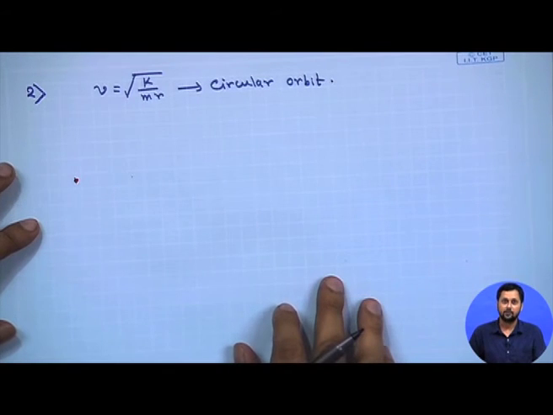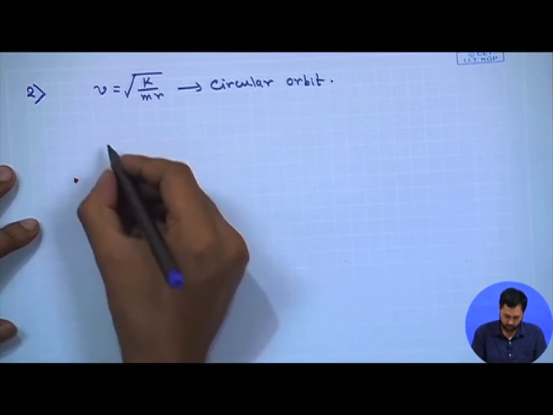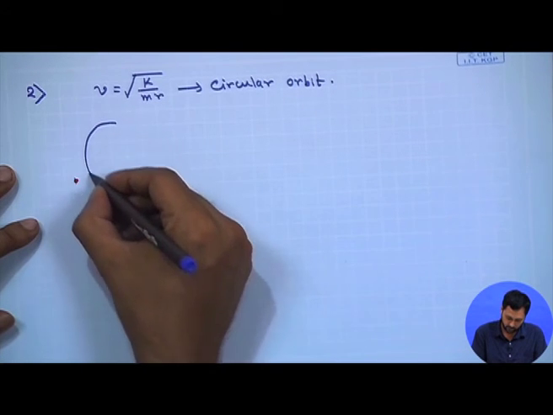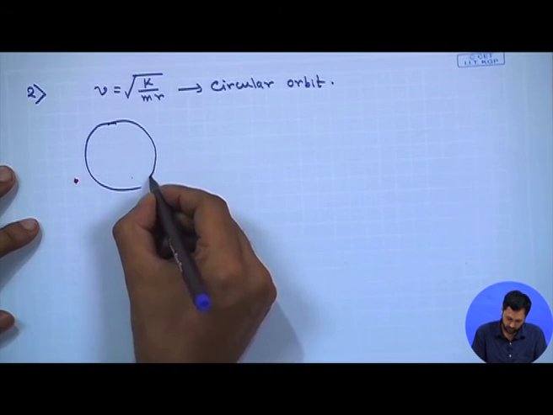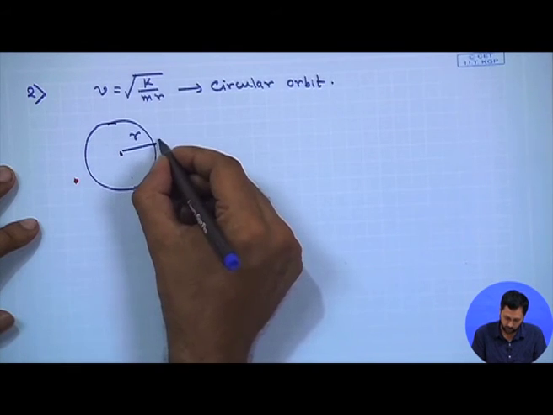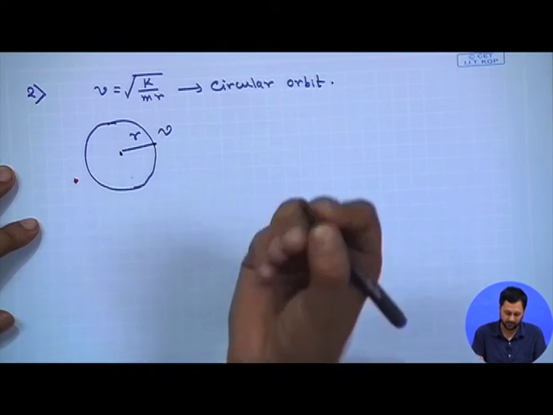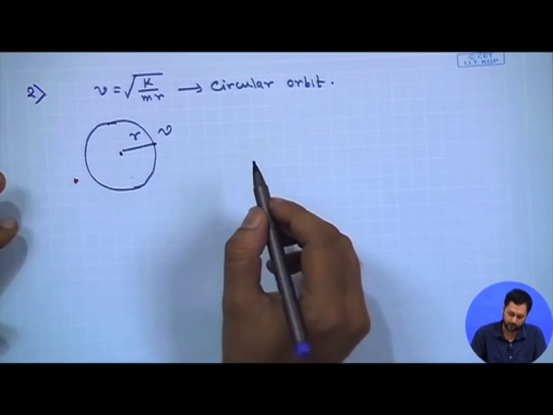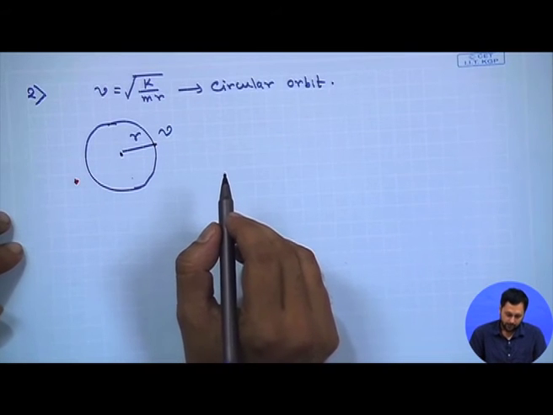Now, what happens in a circular orbit, or rather this is the situation here. So, we have a circular orbit with radius r, and at any point we have this velocity, or speed rather, we should call it speed, which is technically more correct. Right.